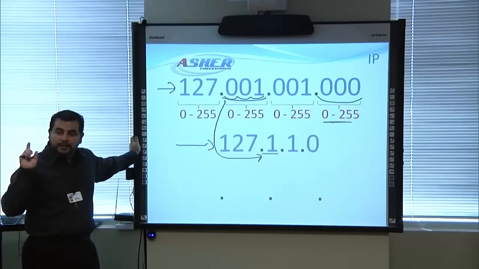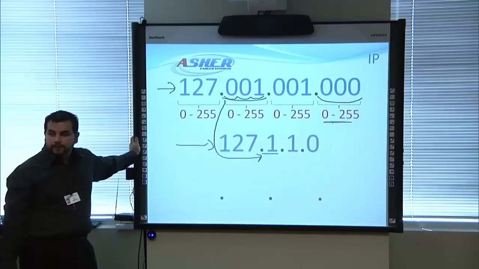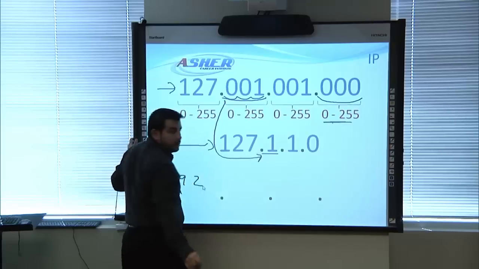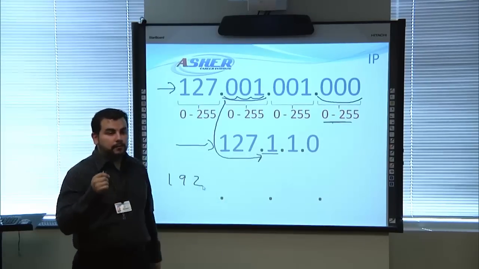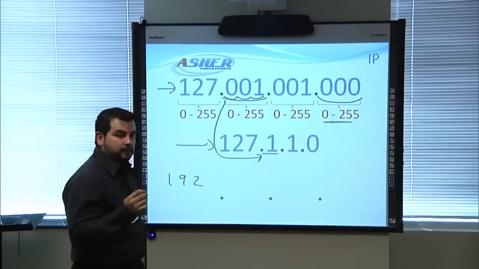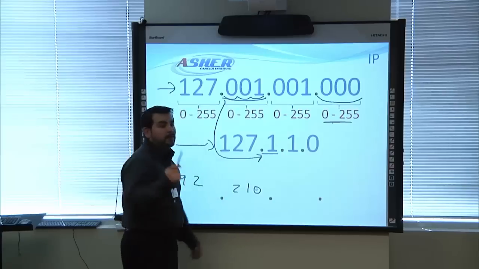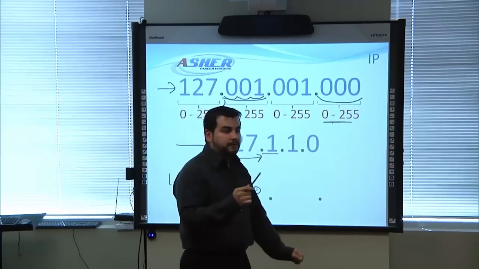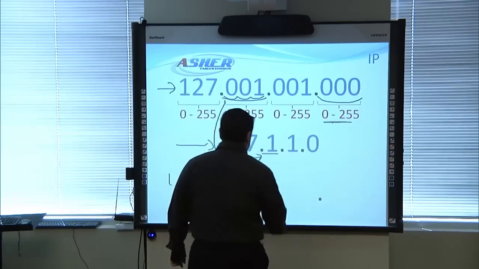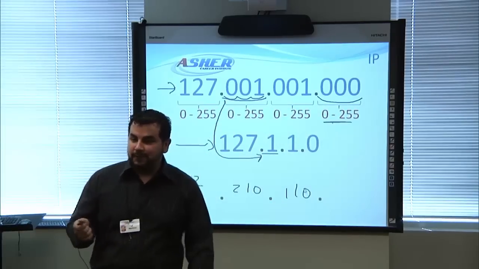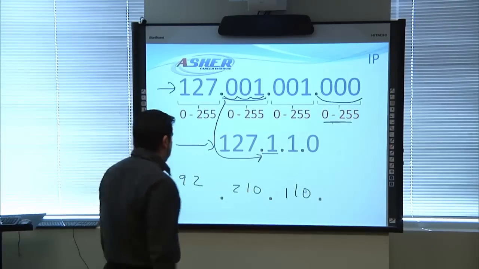Give me a number between 0 through 255. 192. Give me a number between 0 and 255. 210? Give me a number between 0 and 255. And a number between 0 to 255? 198.